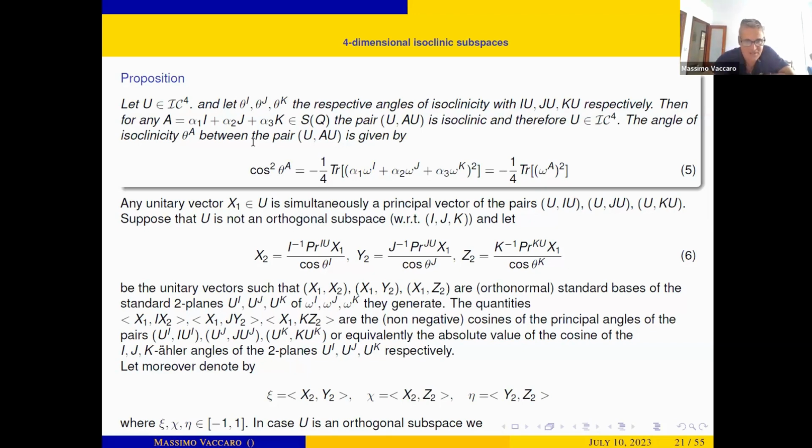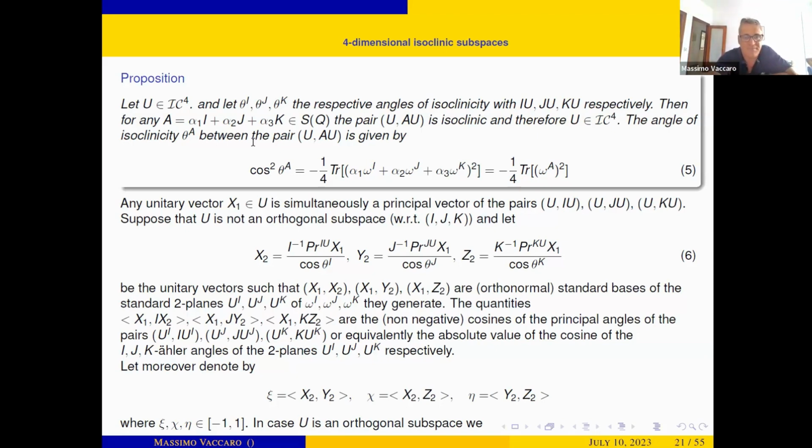That is, I project x1, then I come back with minus I, or I minus 1, and then I normalize. And these three vectors complete the standard two-plane. That is, x1x2, x1y2, x1z2 are exactly the standard two-subspaces of omega i, omega j, omega k.